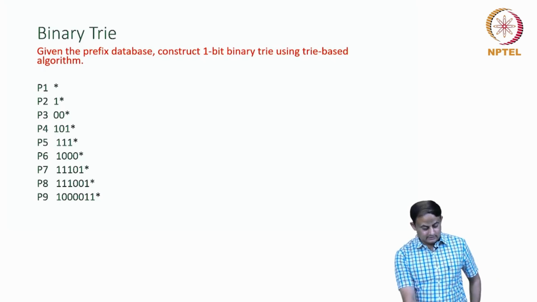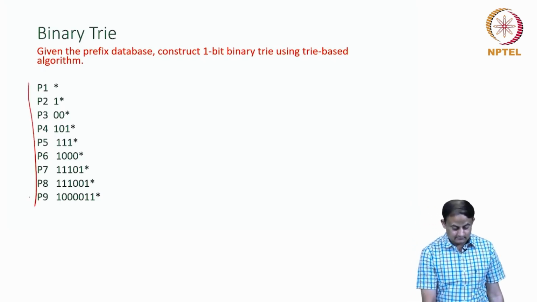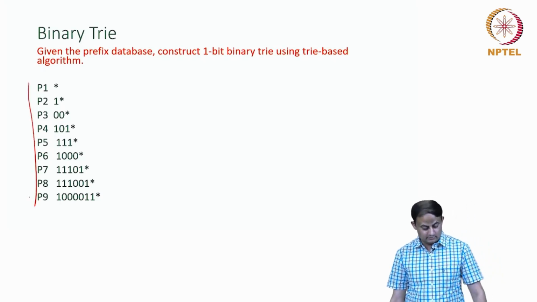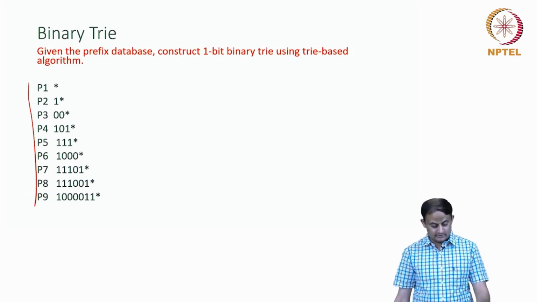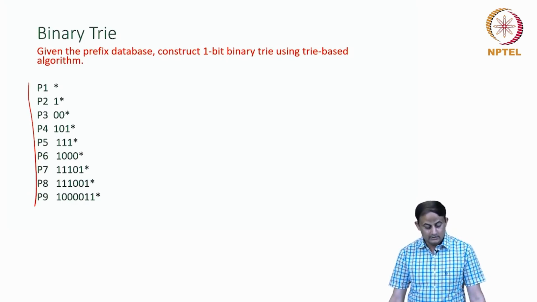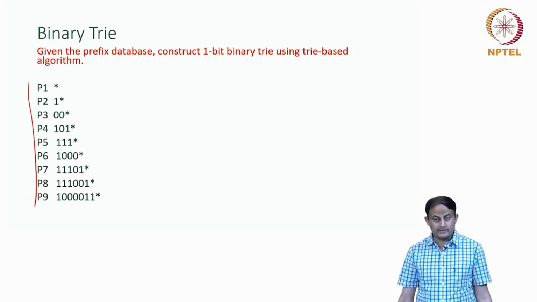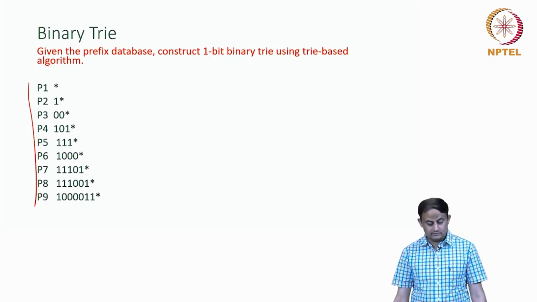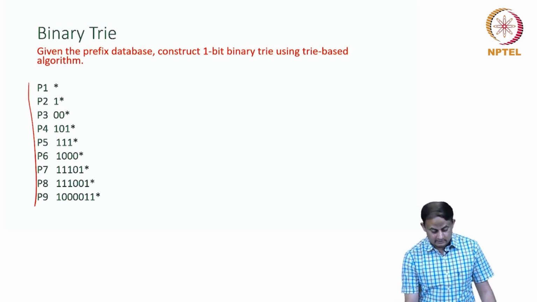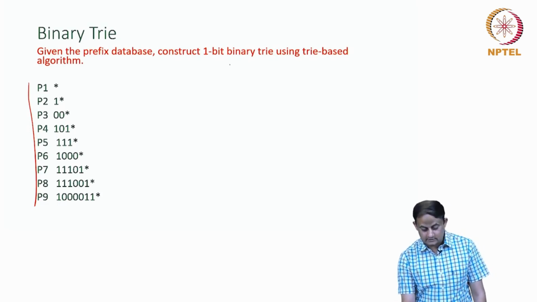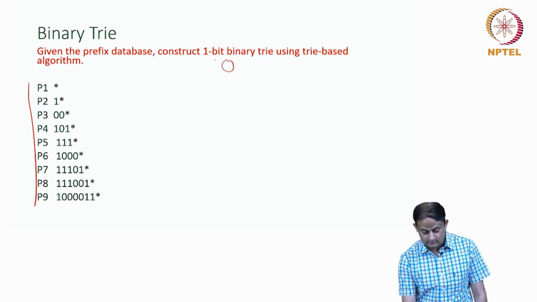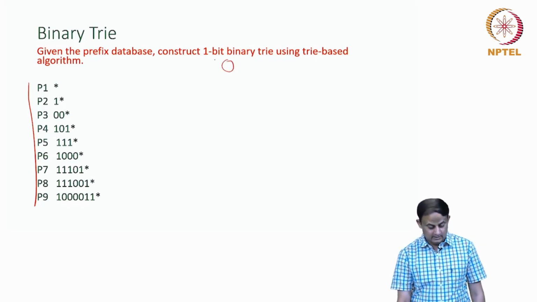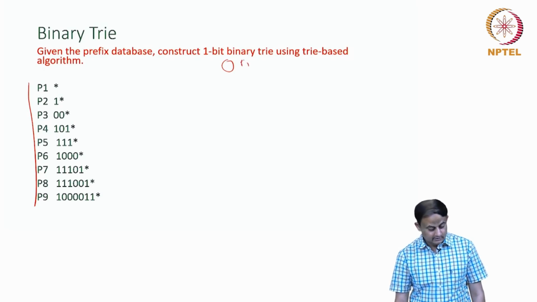So here is a set of prefixes. There are 9 of them on the screen, P1 to P9, and the prefix binary digits are shown. Let's try to construct a binary trie for this set of prefixes. As usual, P1 is a star, so I start with the root node, and that's my prefix P1. P2 is 1 star, so I go to the right and have a node here.